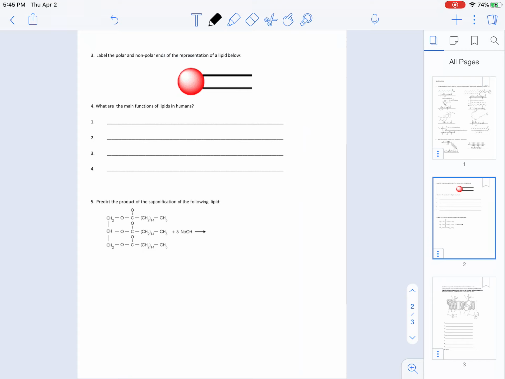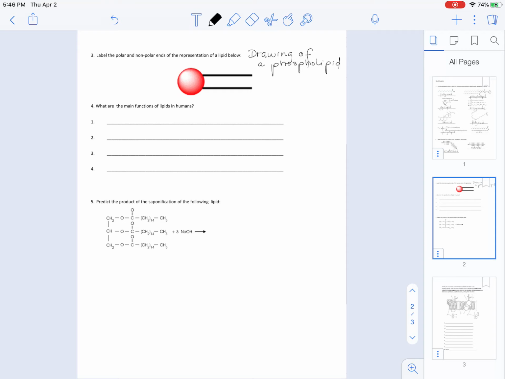Now, in biochemistry, we typically draw many biomolecules as cartoons just because they are large in size. So the drawing that we have for number 3 is specifically how we draw a phospholipid. As you can see, it says label the polar and non-polar ends of this representation of a lipid.